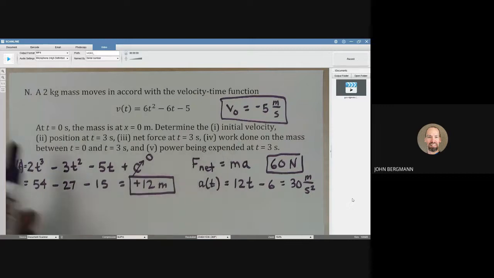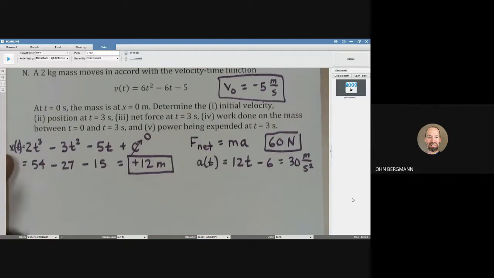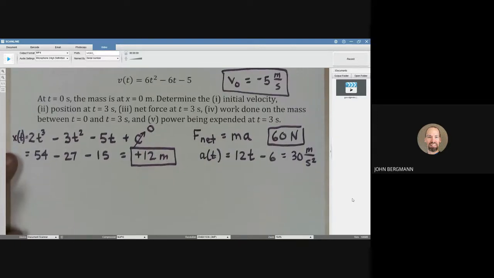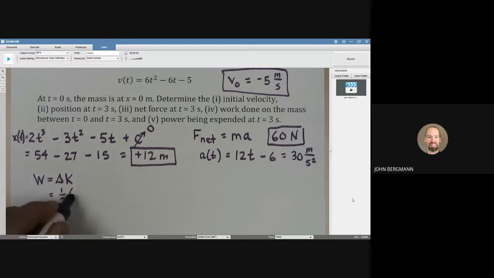All right, how about part 4, the work done on the mass between 0 and 3 seconds? All right, how are we going to find the work done? Well, the work done is equal to the change in kinetic energy, so maybe we can find it that way. So that would be 1/2 times m times v final squared minus v initial squared.